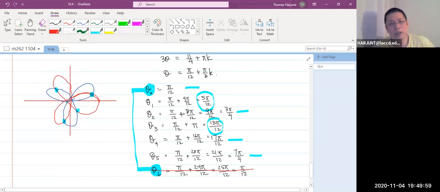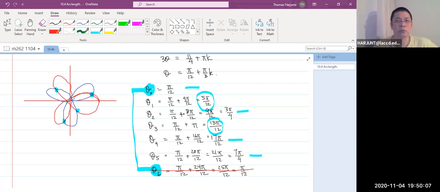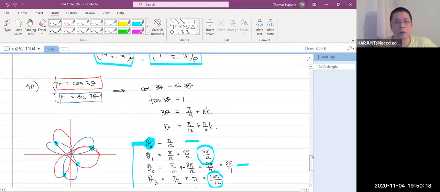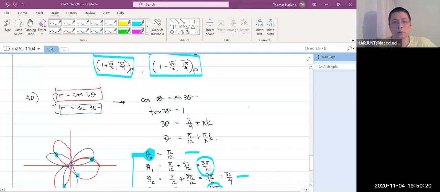But actually at the same time, do you notice that they also have one common point, that is the origin? All of them go through the origin. Does that make sense? So one of the common points is the origin. Let me write it down. That's when the radius equals 0. Something that I almost missed, right?